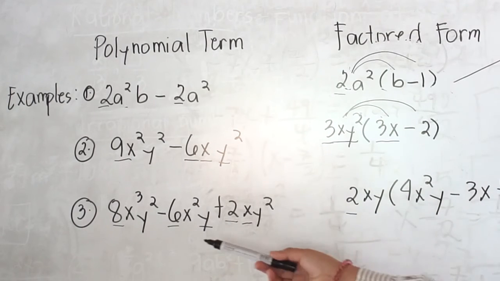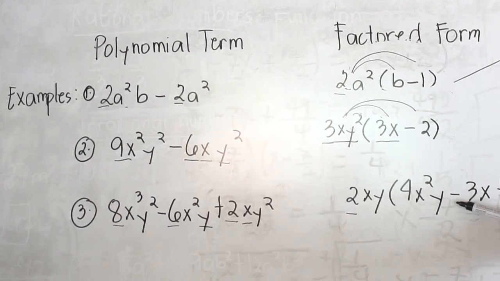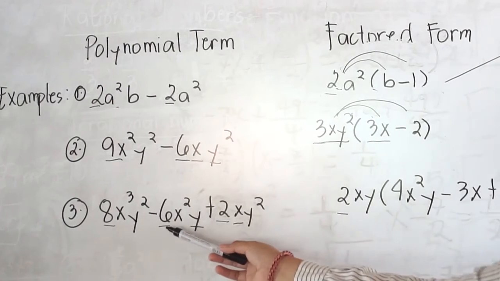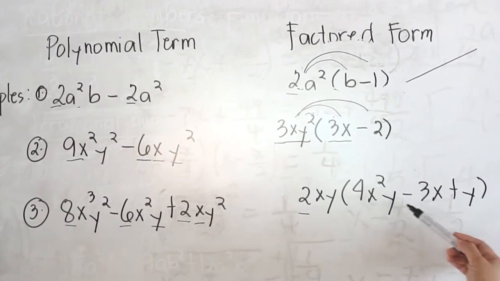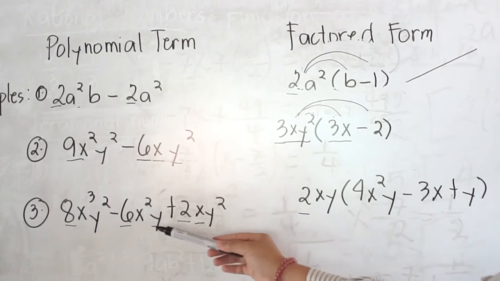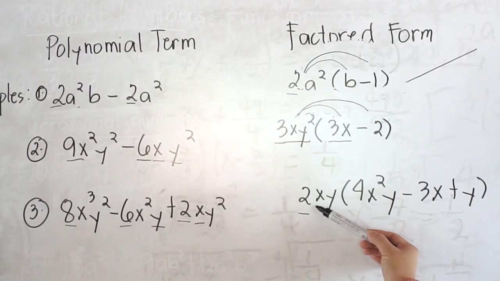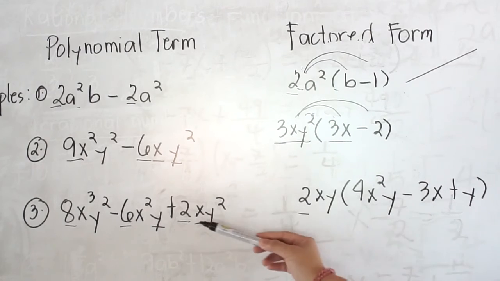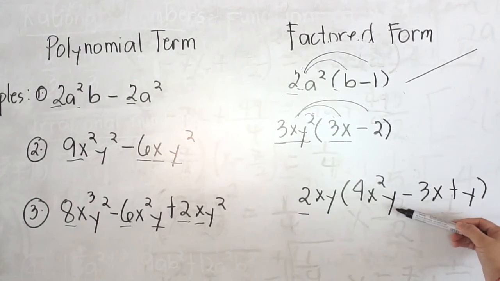And then copy their sign, which is negative. 6 divided by 2 is 3, and x squared divided by x is x, and y divided by y is gone, so we no longer put the y.